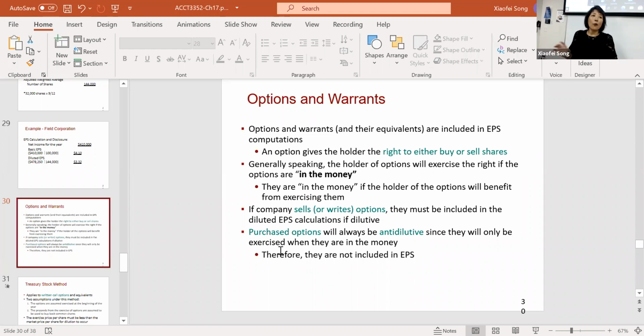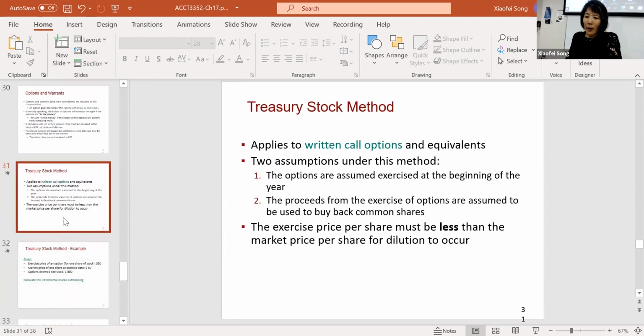So we just focus on the case where we sold the option for the holders to purchase additional shares. We do not look at the put option, where we have to buy shares. We just look at the one situation, right? So now the option, a written call option, that's the example we focus on.